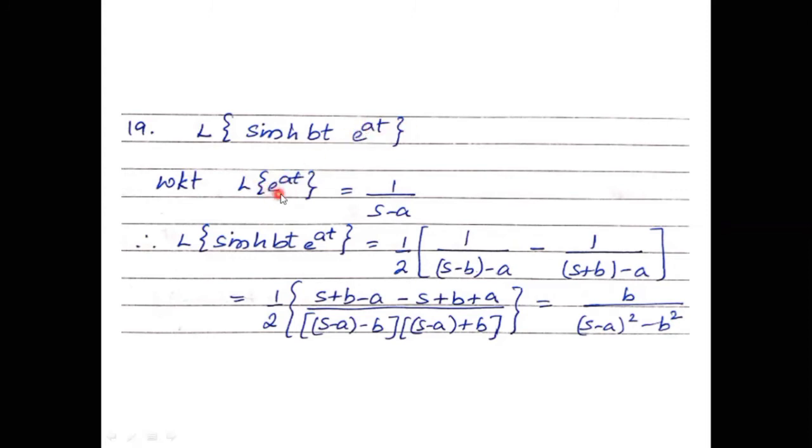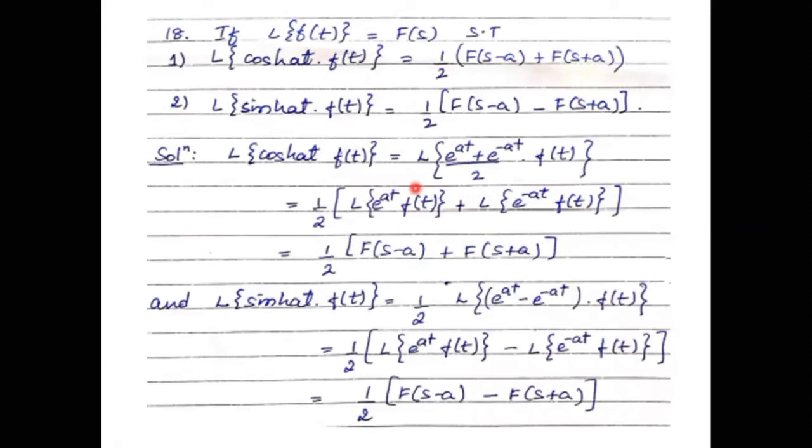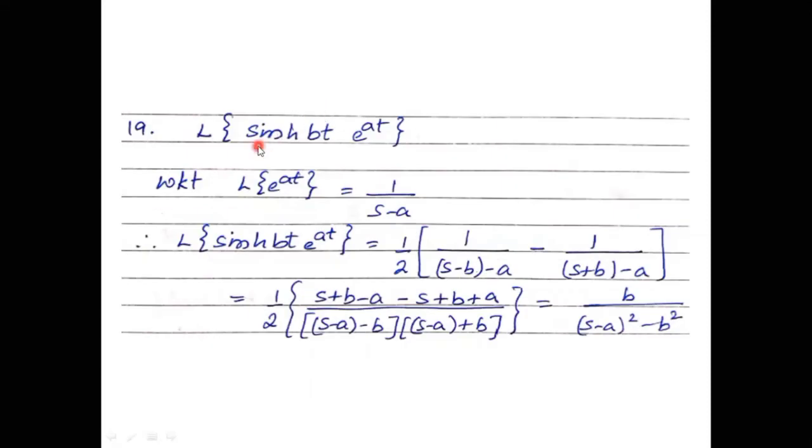And here you are going to replace s by, yes, in the first one there are actually two terms, half of F of s minus a minus half F of s plus a. That is for sine hyperbolic at. You are having sine hyperbolic bt.